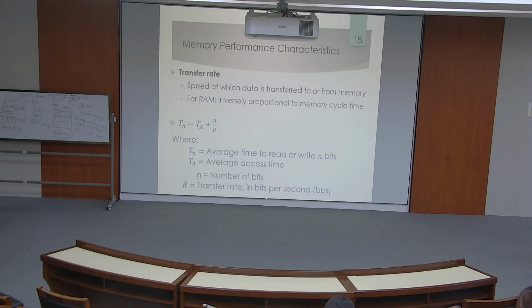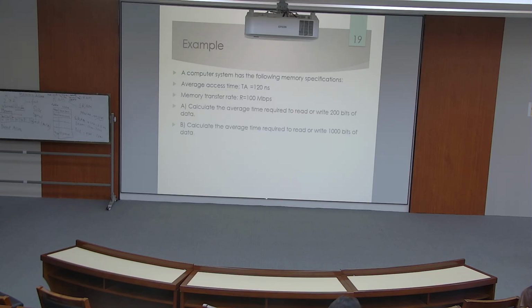We have also R, which is the transfer rate. Transfer rate is expressed in bits per second, bps. So this is the expression which can help us to find the memory transfer rate.